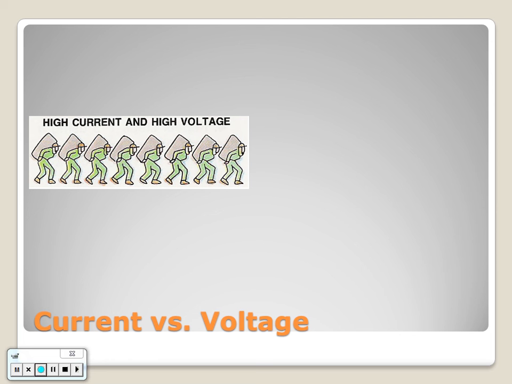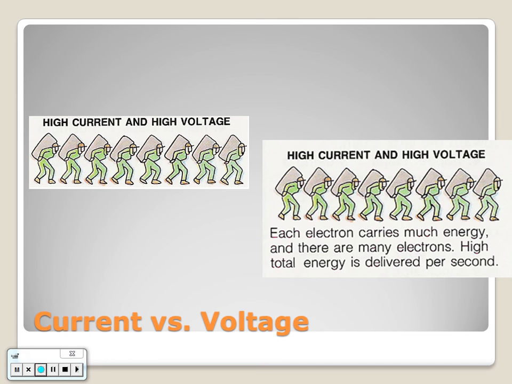When you see those transformer stations on the side of the road, where things come out of the power plant and it sends electricity to all the houses in the neighborhood, yes, those are high voltage, but they're also high current. That's when it starts getting really dangerous, because each charge carries a lot of energy, and there are a lot of charges. Now we can deliver a lot of energy.